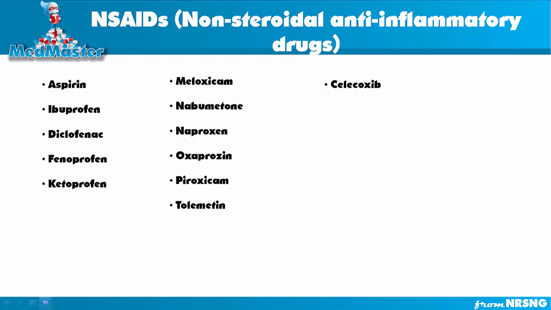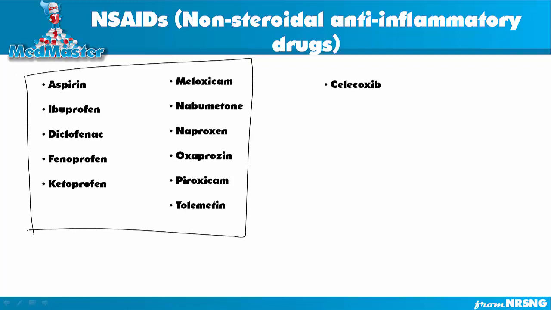The next slide covers some examples of non-steroidal anti-inflammatory drugs. Now, we talked about how some non-steroidal anti-inflammatory drugs are non-selective, and there's only one which is selective. So these examples are all non-selective NSAIDs.